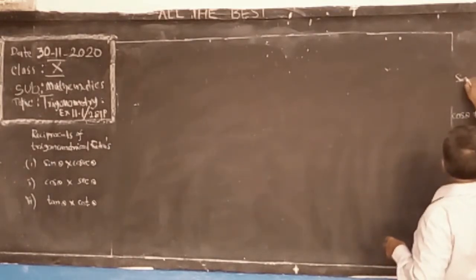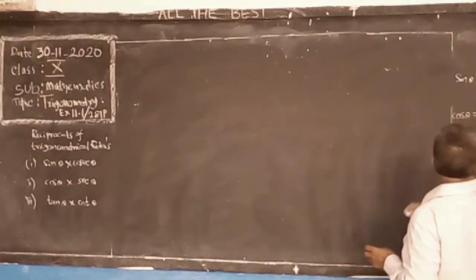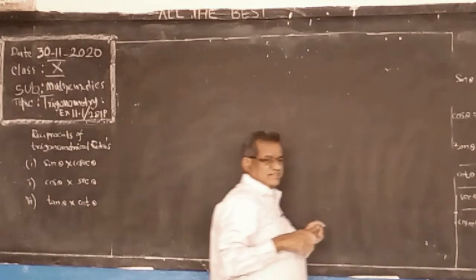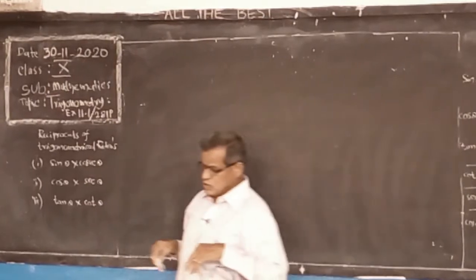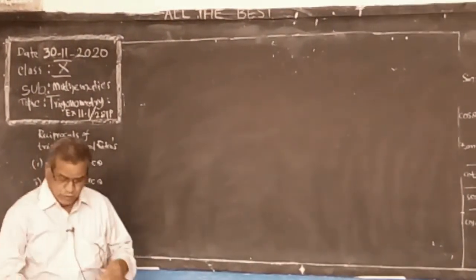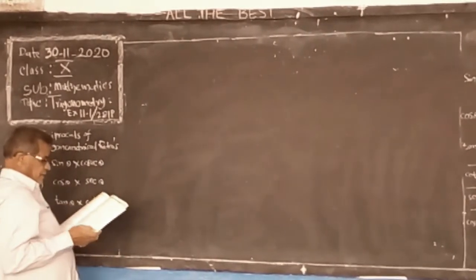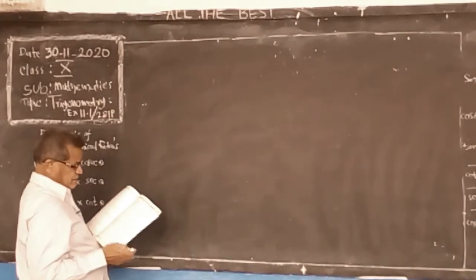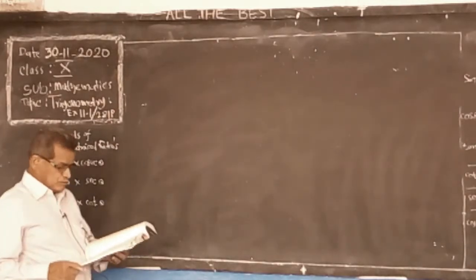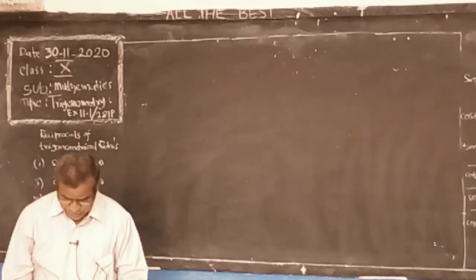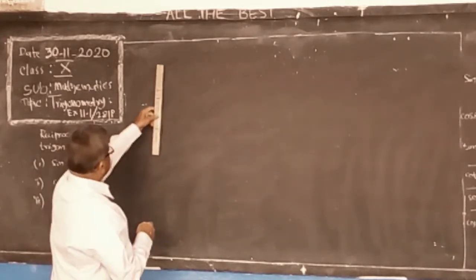Sin theta is equal to opposite side of the theta by hypotenuse. Opposite side of the angle theta. Now, in the 11.1 first problem, in a right angle triangle ABC, 8 centimeters, 15 centimeters, and 17 centimeters are the lengths of the sides AB, BC, AC. Then find sin A, cos A, tan A. So draw a right angle triangle.